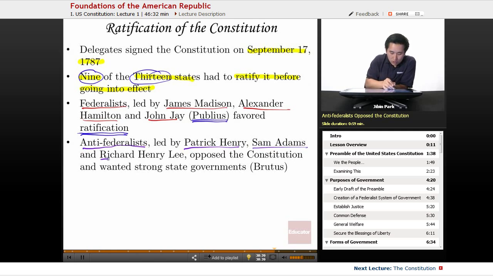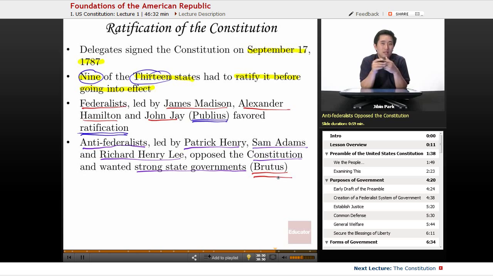Now, not everyone wanted ratification of the Constitution. The Anti-Federalists, led by Patrick Henry, Sam Adams, and Richard Henry Lee, all opposed the Constitution, and they wanted strong state government. They wrote under the name not Publius, but Brutus. Back then they didn't use their names. They tried to use the force of their argument to convince the population.